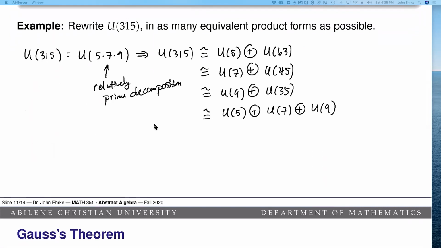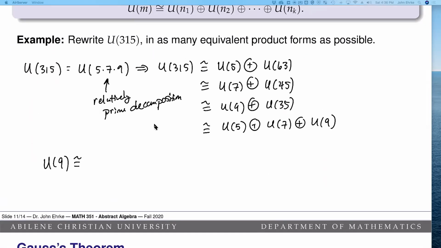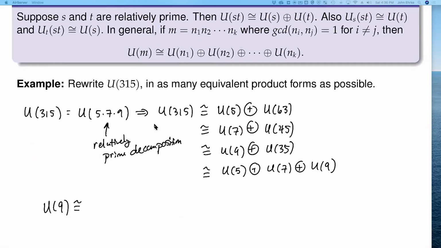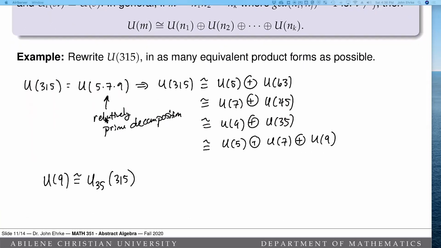And with these UK groups, we know by definition that if you take one of the prime factors, you can write it as isomorphic to the product with the missing factors mod S in this case. So if I just want to talk about what U9 is isomorphic to, the missing factors are 35. So this would be isomorphic to U35 of the original 315 group.